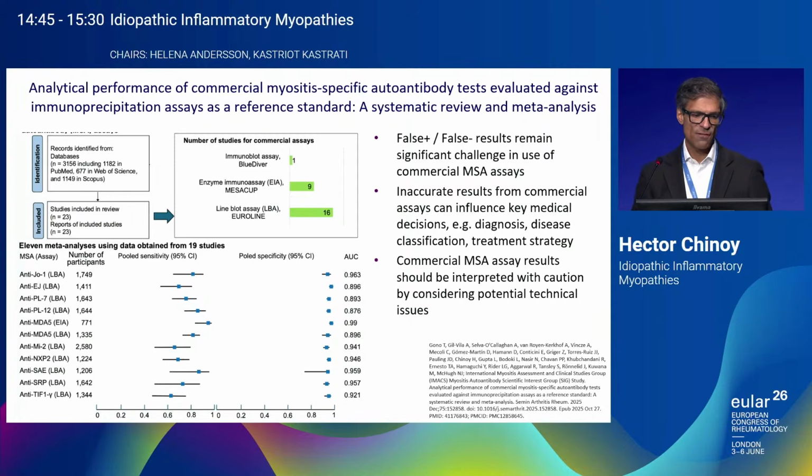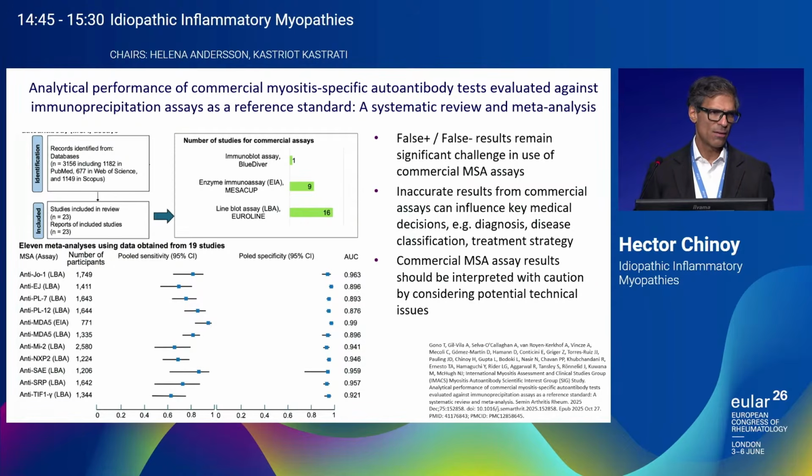But if you look at the sensitivity, it does broadly align with the previous slide I showed you. So the sensitivities are rather low for NXP2, for EJ, and then the better ones that are performing are SAE, MDA5, PL7, and JO1. So false positives and negatives remain a significant challenge for commercial assays.